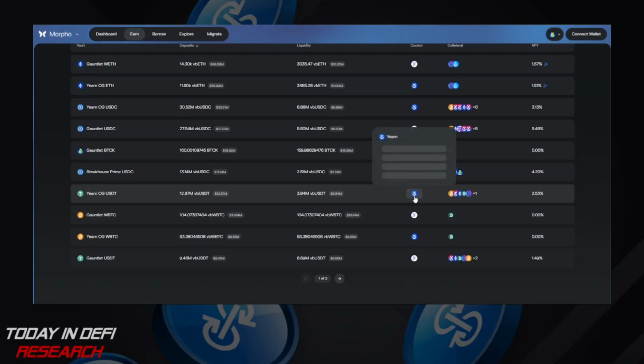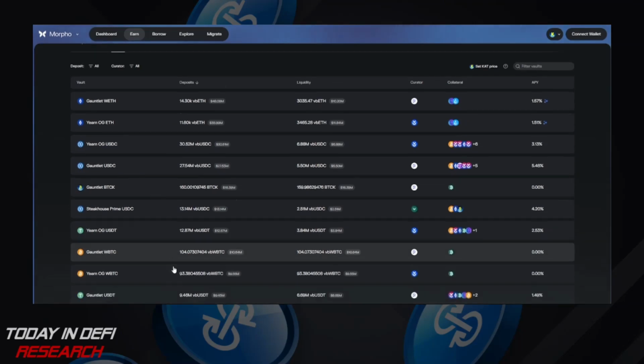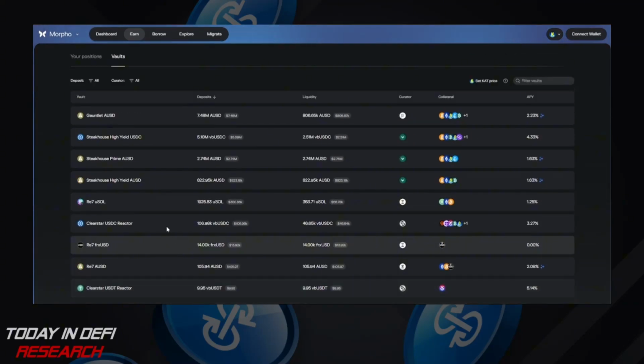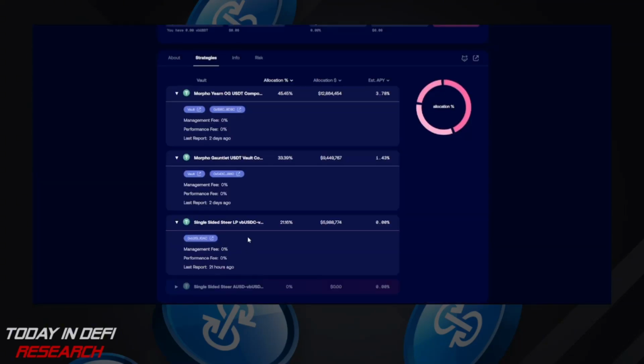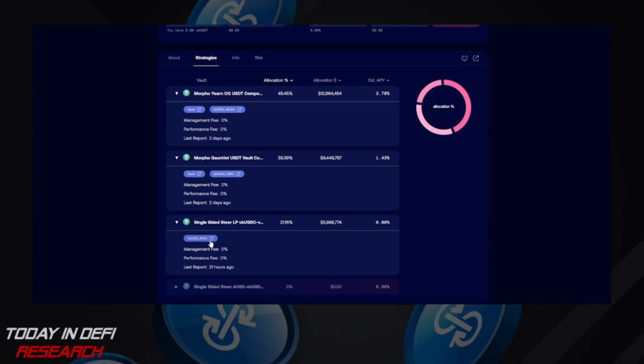For example, this is one of them: the Yearn OG USDT, the Gauntlet USDT. And I think they also have one more here. Let me check. This is a lower-tier strategy, a single-sided LP VB USDC.